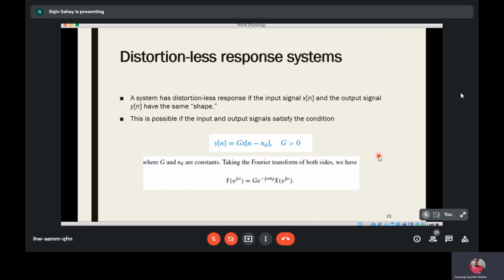Those who want to can make a note of this, because this is one of the most important parts in this chapter. Fine. Shall I move ahead? Yes, sir.